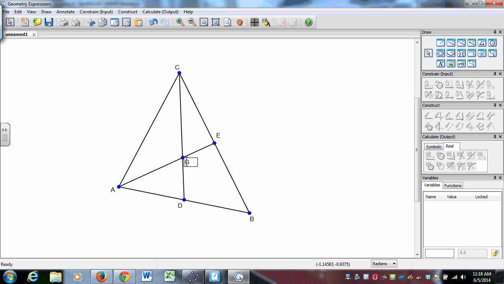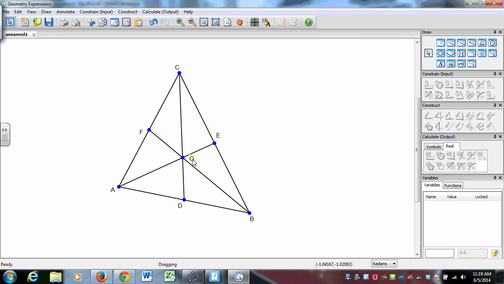I'm going to call that point G. What is surprising is that if I construct the midpoint over here, some point that we will now call F, and I take the segment from B to F, oh, guess what?